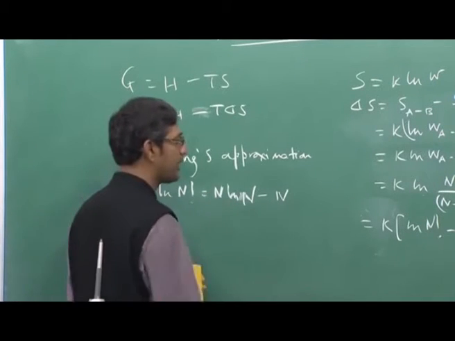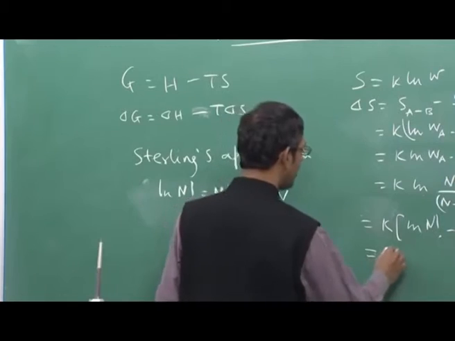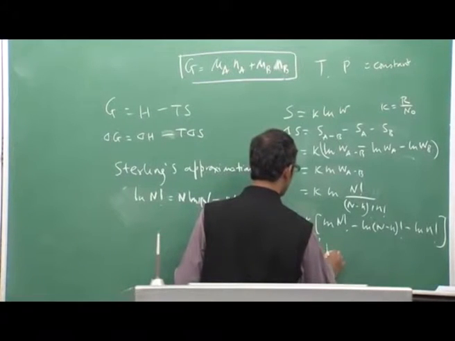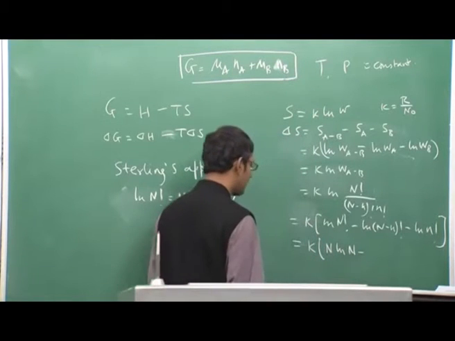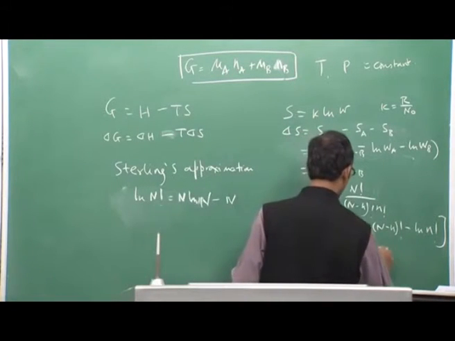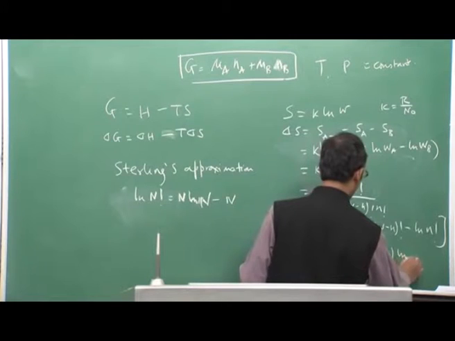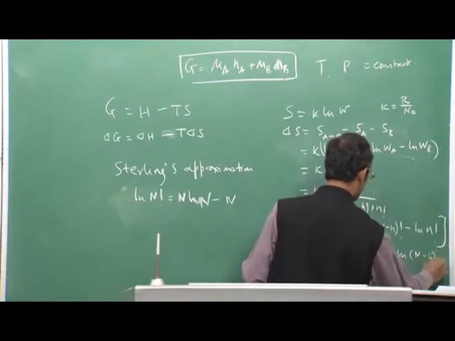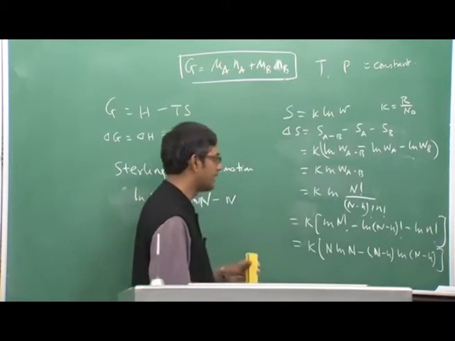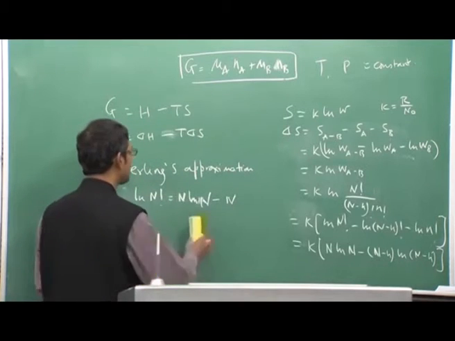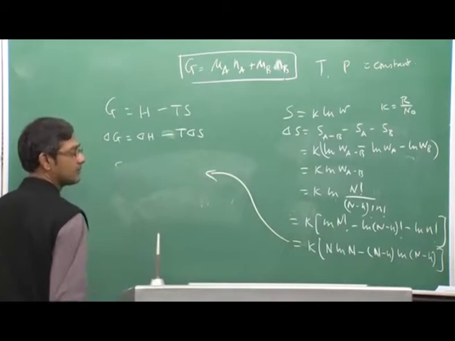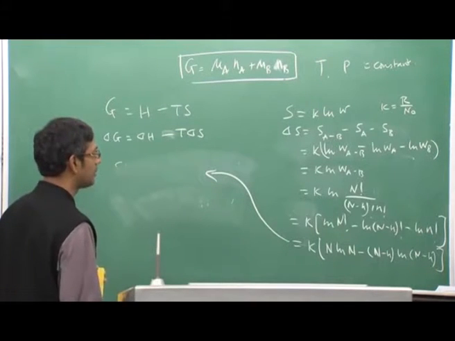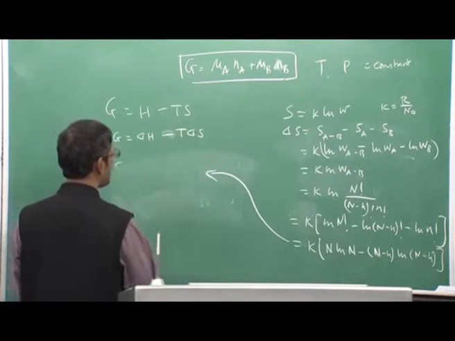If you apply this, finally what you will get is k times n log n minus n log of n minus n. If I take that away, then what will I get?